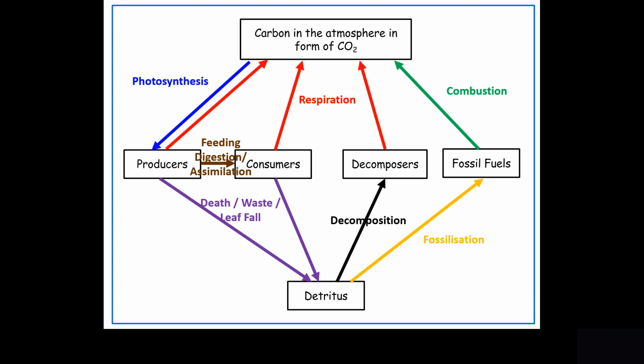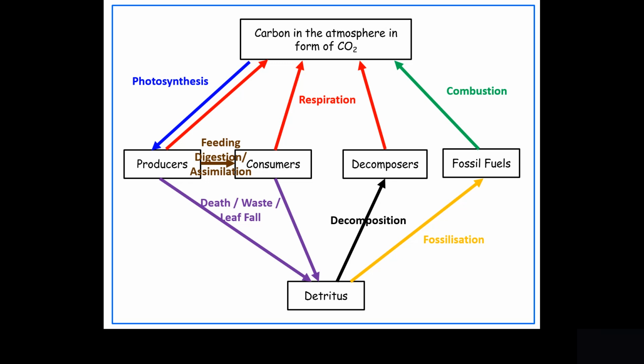Now, if we stick with the producers and the consumers, can you see the 2 purple arrows there? So this is representing death, waste and leaf fall. Obviously, the leaf fall would only be from producers that have leaves that fall in autumn. But yeah, so the producers and consumers can die. They also produce waste.